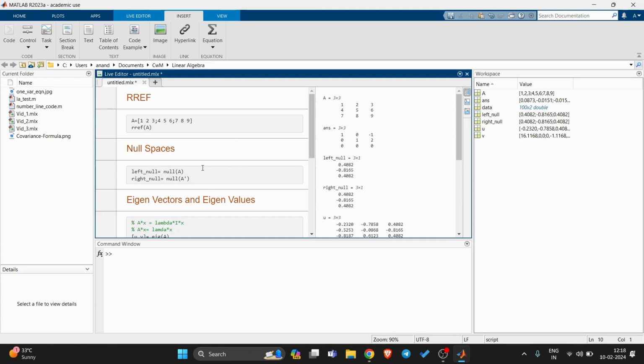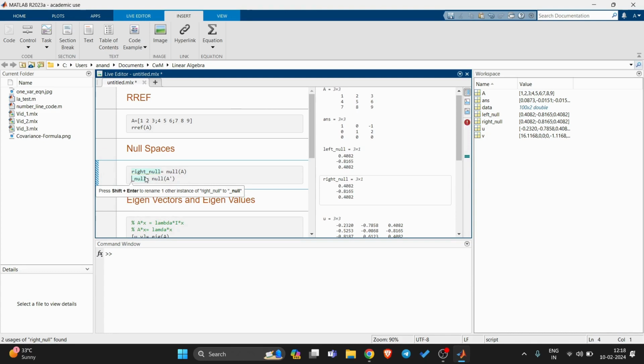Next, we have null spaces, the right null space of a matrix and the left null space of a matrix. Actually, this should have been the right null space, and this was the left null space of the matrix.